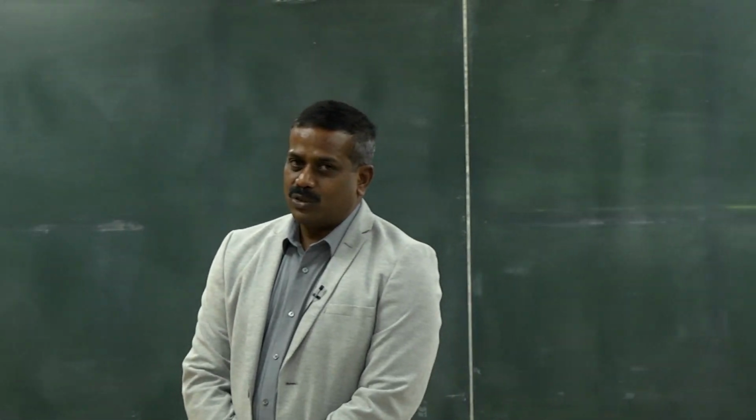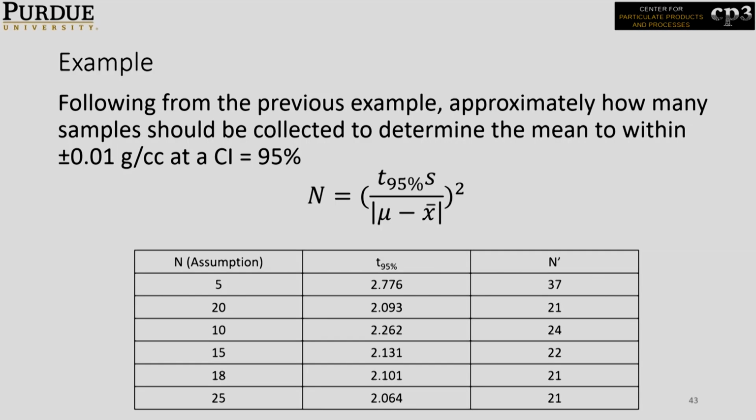So you'll have to assume a number of samples to start with, because for the t value, you need the n value, right. To get the t value from the t distribution, you need to know the number of samples. Without knowing the number of samples, you cannot get the t value, right. So we have to start somewhere, with some assumed n, okay.